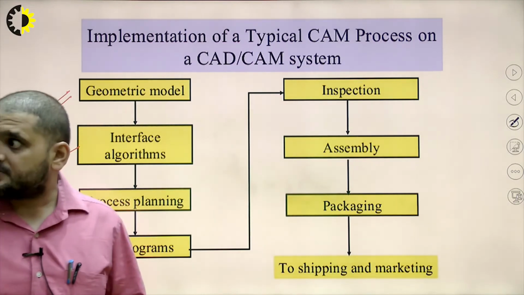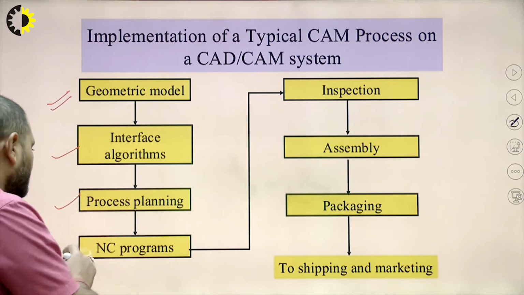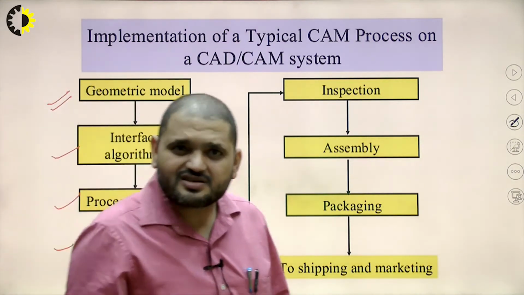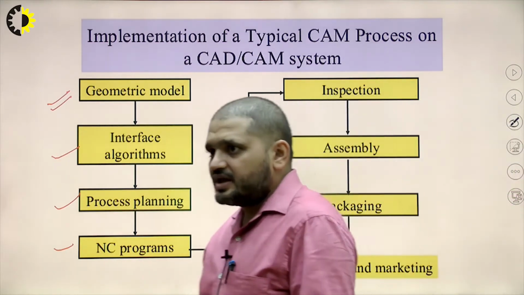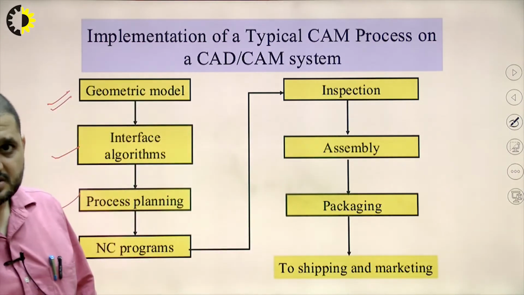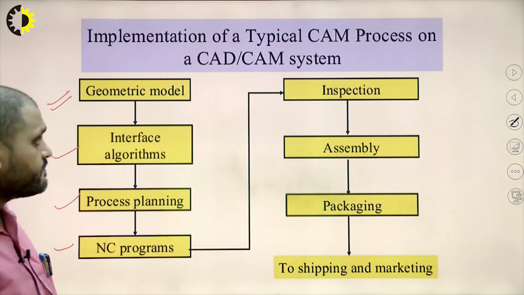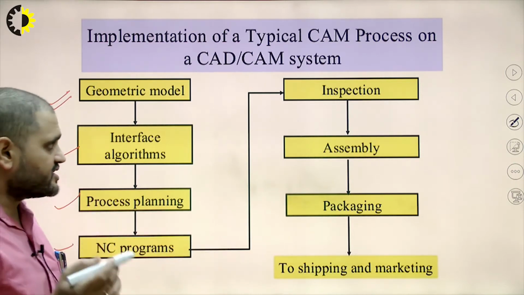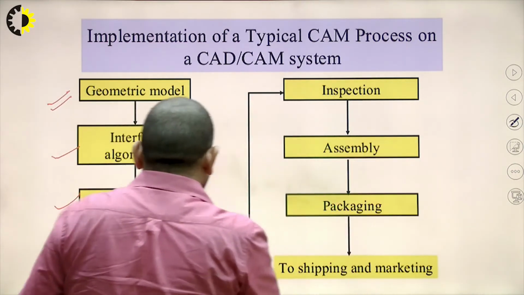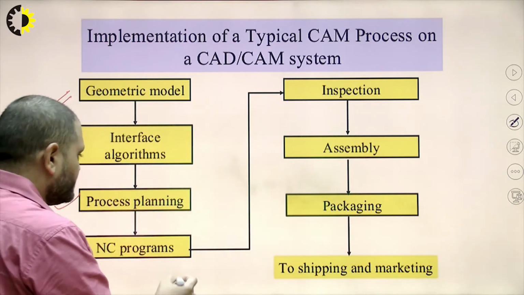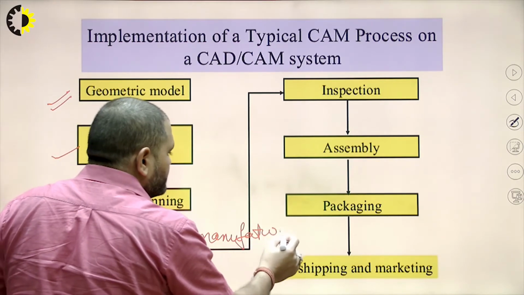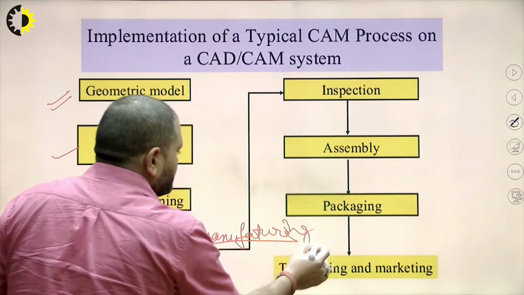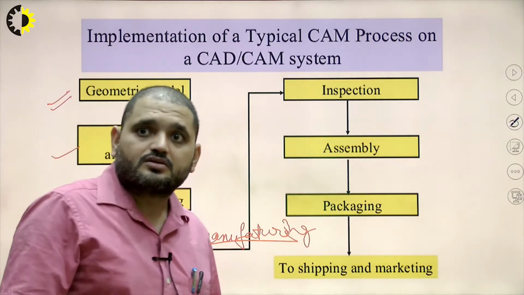Once the process planning has been done, the NC program is made. NC programs are coded instructions, in the form of a coded language, given to the machines so that they can act accordingly after reading them. When the machine gets the NC program, it decodes these instructions and starts manufacturing.